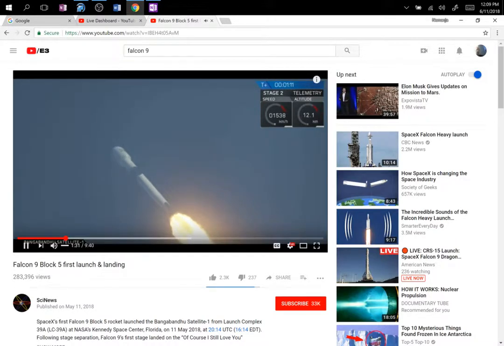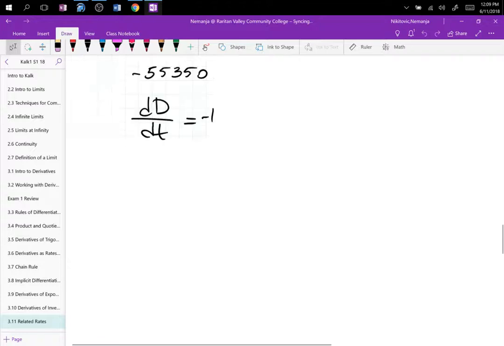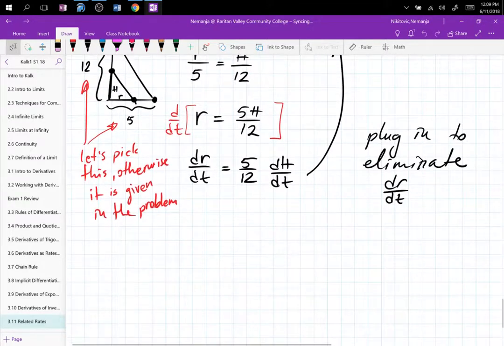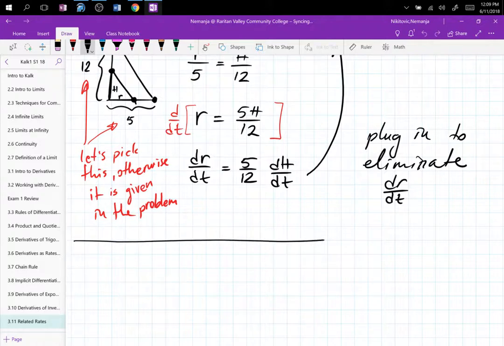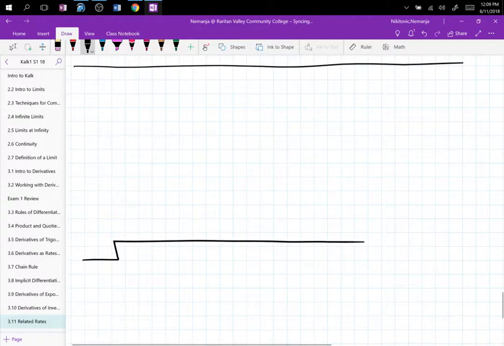So let's go to our lecture over here, all the way at the bottom, and say that we are designing this system. We're going to have some kind of bunker for the camera, and there's going to be a launch pad over here with a rocket.